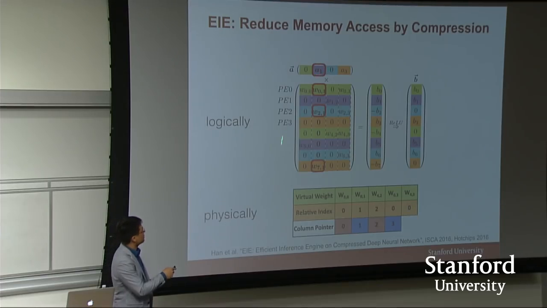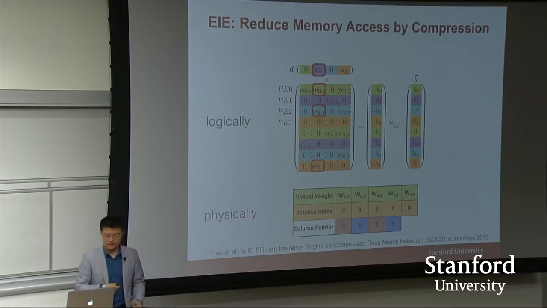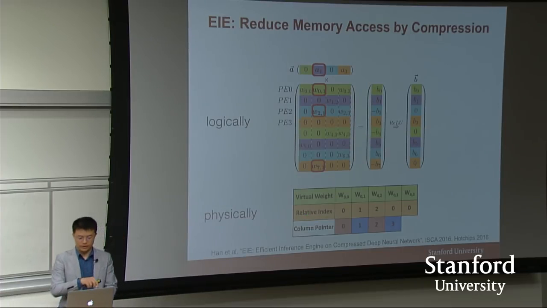So this is logically how the weights are stored, a 4 by 8 matrix, and this is how they are physically stored. Only the non-zero weights are stored, so you don't need to store those zeros. You save the bandwidth of fetching those zeros. And I'm also using the relative index to further reduce the memory overhead.